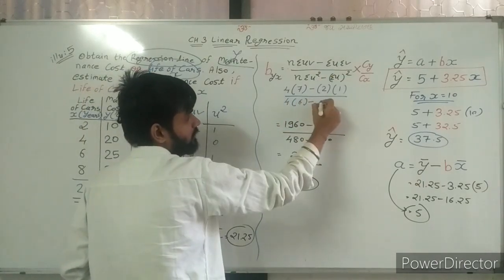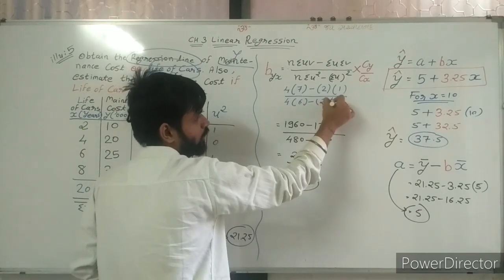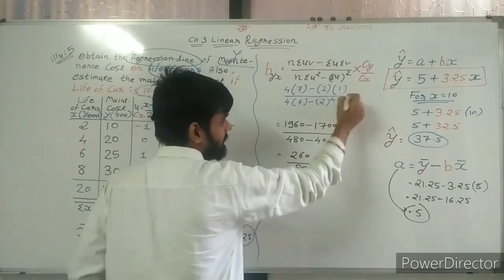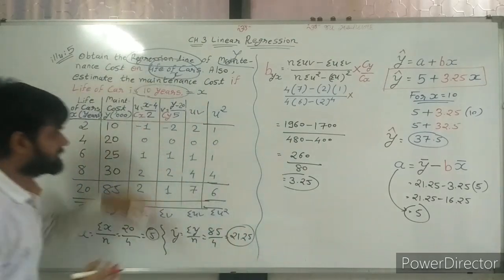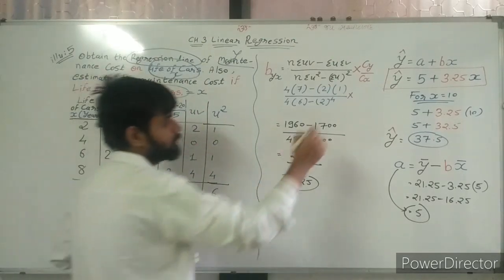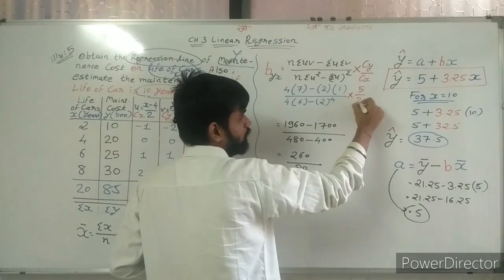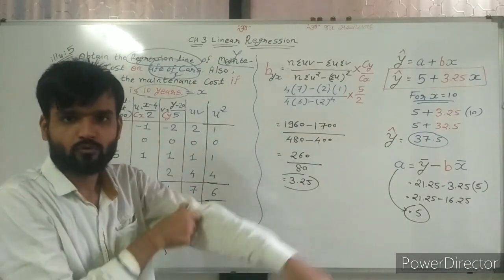Sigma u whole square, 2 whole square. And the most important thing, sir, multiply Cy upon Cx. Cy is equal to 5, Cx is equal to 2. So multiply 5 divided by 2.